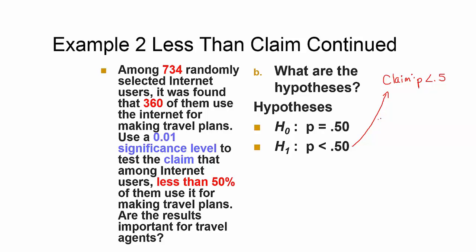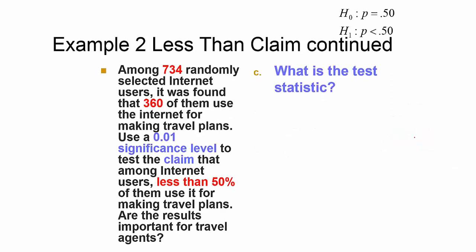At this point, make a note to yourself what type of test this is. Because it's a less than test, we have a left-tailed test. And so when I set up my picture, I'm solving for the area to the left of my test statistic z. My p-value is going to be contained in that tail.